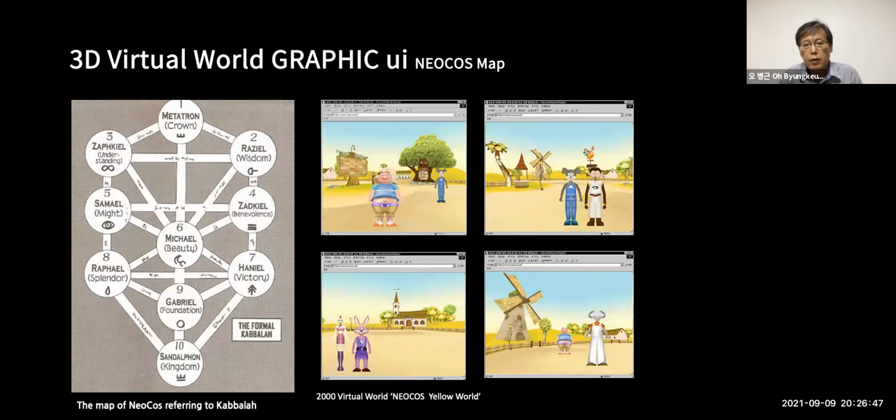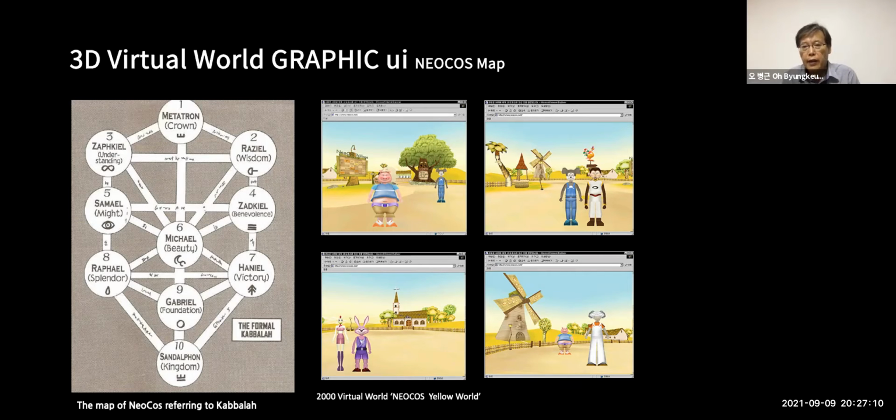The world map of NeoCos was from Kabbalah. Kabbalah is the mystic thinking of Jewish people. They believe in a world where they can communicate with God, different from the real world. And that is the world of Kabbalah.